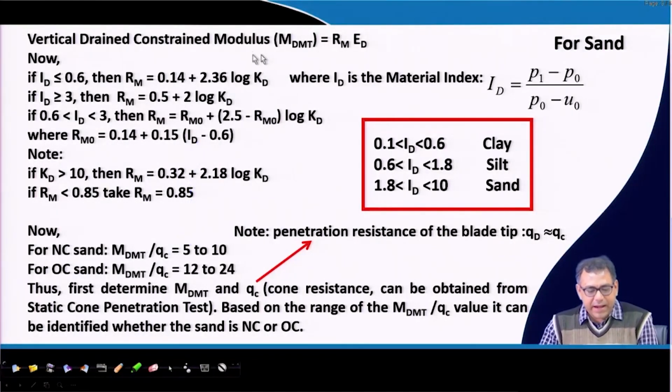Now, this MDMT is the drained constraint modulus of the soil. The constraint modulus is generally 1 by Mv, where Mv is the coefficient of volume change. And this MDMT I will get as RM into ED.